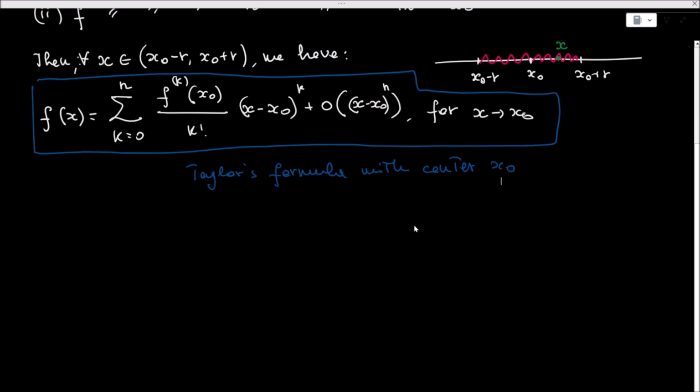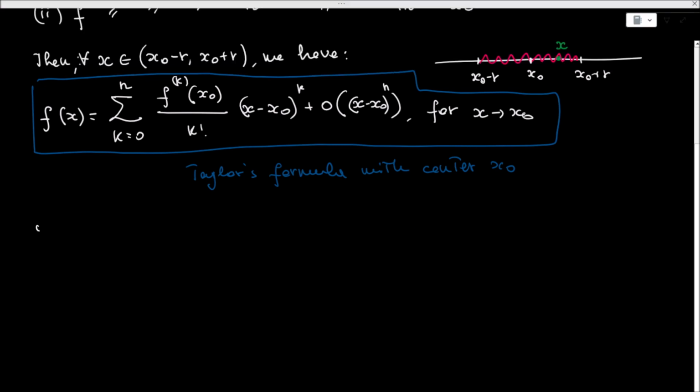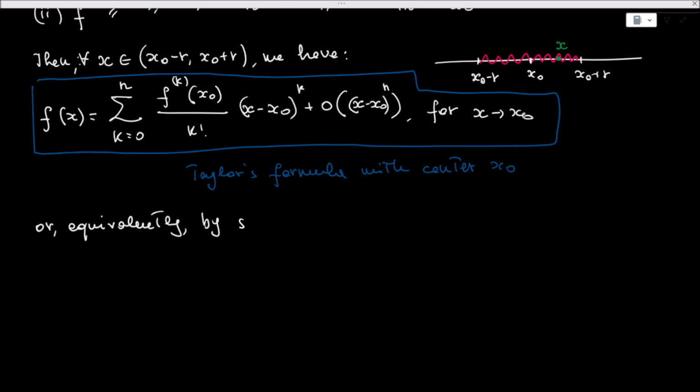Now there is an alternative expression of this. We can say, or equivalently, by setting h equal to x minus x0, which implies, of course, that x is just equal to x0 plus h.